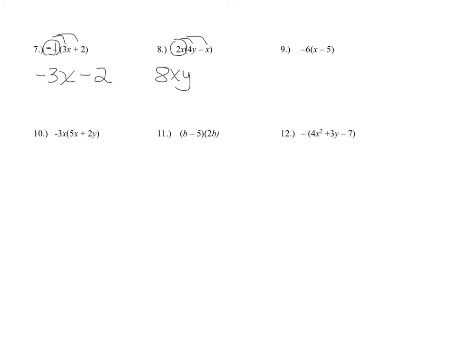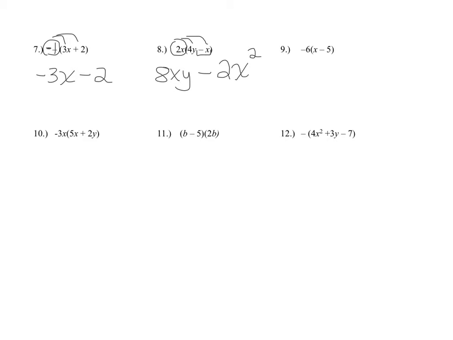And then I multiply 2x not just times x, but by -x, which is going to give me -2x squared. So that's minus 2x squared. So my answer is 8xy minus 2x squared. You could rearrange it so that it says -2x squared plus 8xy, and that's the same answer.